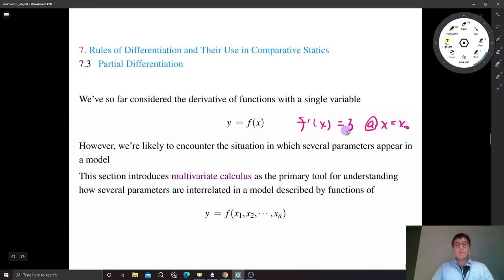There are several ways to interpret the derivative, and we studied how to compute the derivative for many different types of functions, and how to interpret the derivative as an instantaneous rate of change. And then we are going to extend that concept to functions with multiple variables.